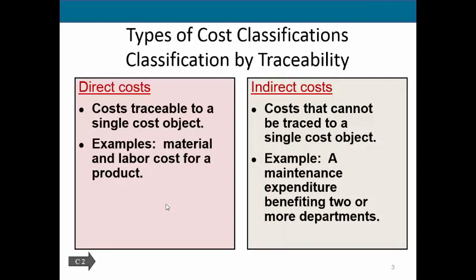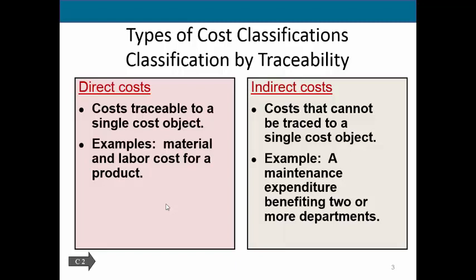Now we're going to look at what we call direct costs versus indirect costs. Direct costs are our easier types of costs, and these are costs that we can easily trace to a specific object. The example that I gave on the previous, when I was talking about direct materials, those tires can only go to one product.